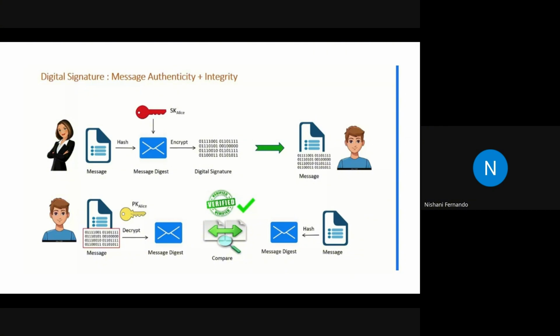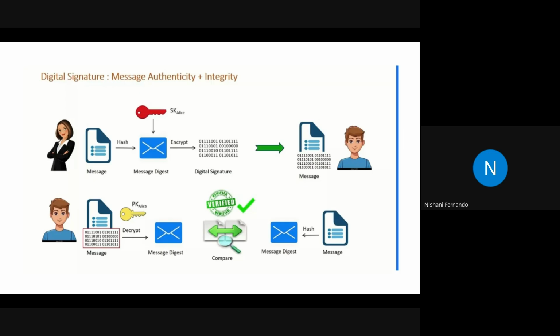Also, the sender will get a key. We call it the private key. This code and the key get encrypted together, and we call it a digital signature. This encryption will be sent to the receiver.